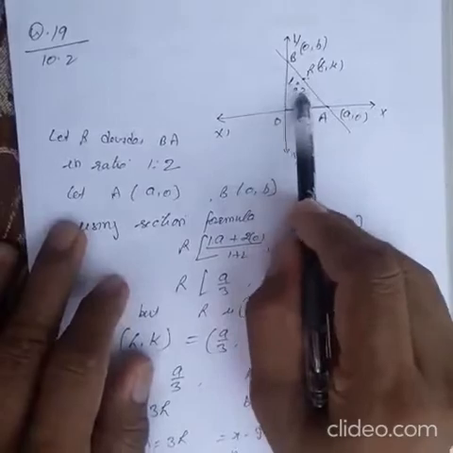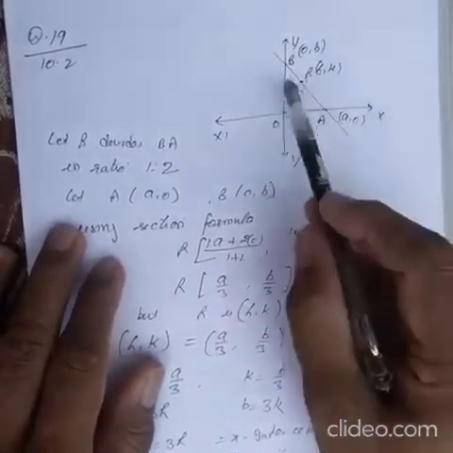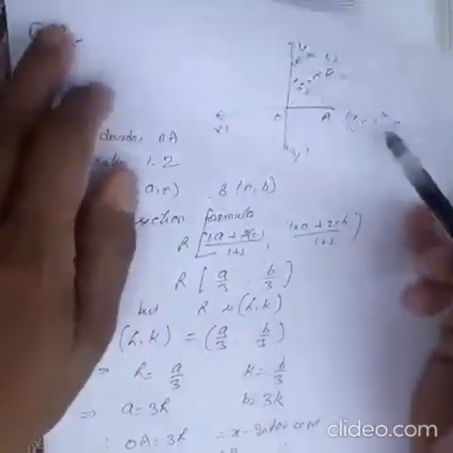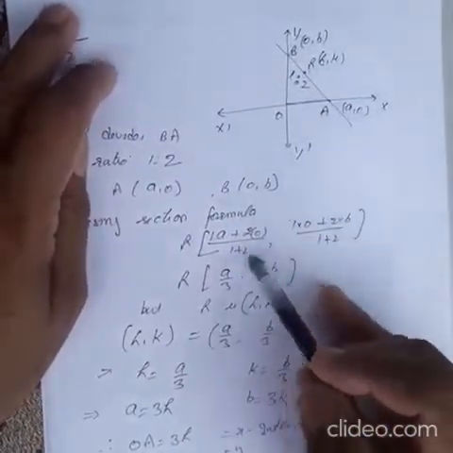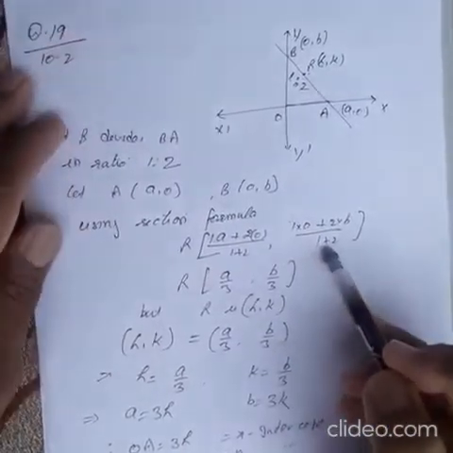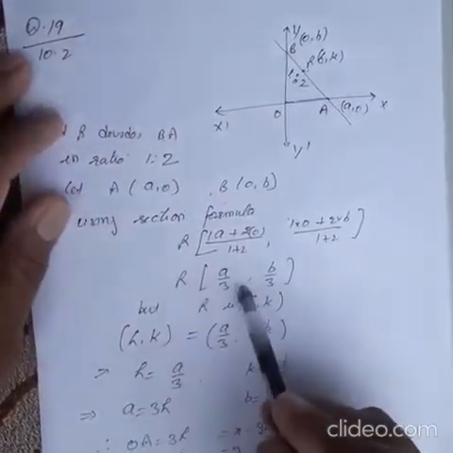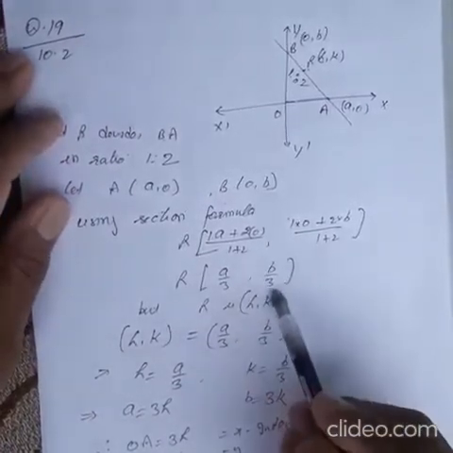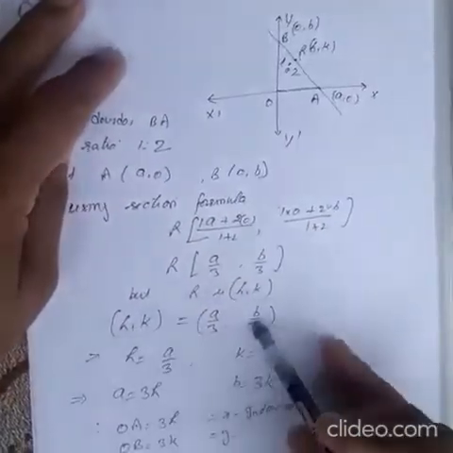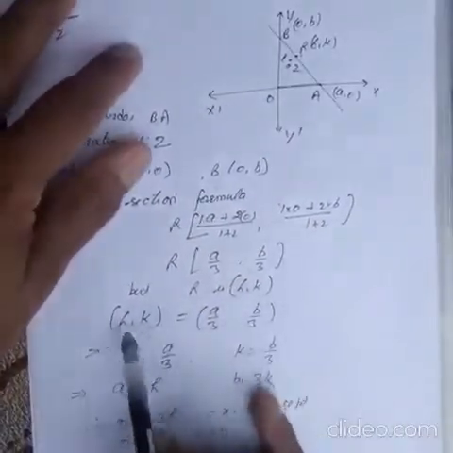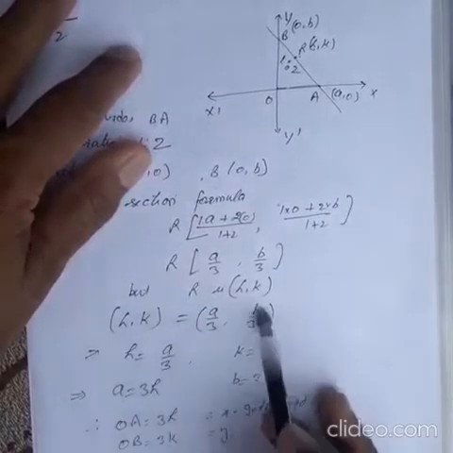So this is m1, this is m2, and you can apply the section formula. So (1 into a plus 2 into 0) upon (1 plus 2). Similarly the y coordinate. So after calculation it is a upon 3 and b upon 3, but R is given as (h, k), so both coordinates should be equal. By comparing, h is a upon 3 and k is b upon 3.